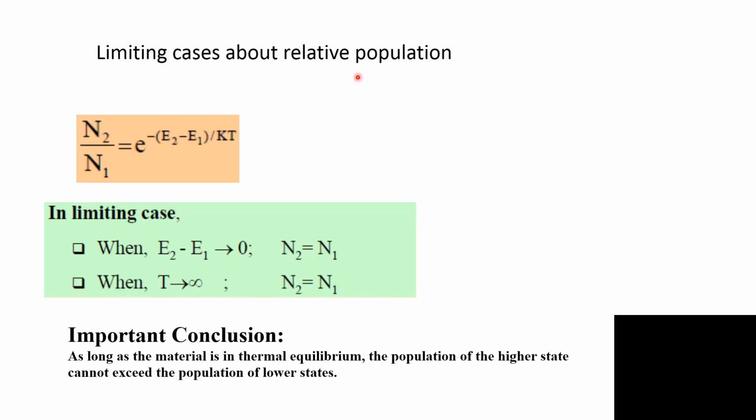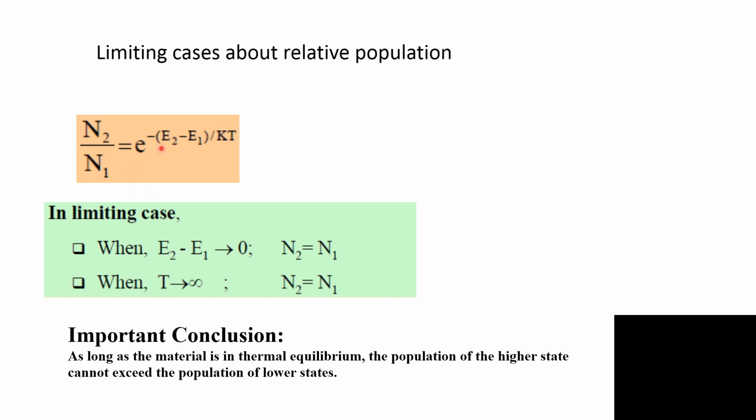So here we have the limiting cases of the relative population. This is again the equation of relative population, and now we see its limiting cases. The first limiting case is when the energy difference E2 minus E1 is almost zero. Then what will happen to the relative population?